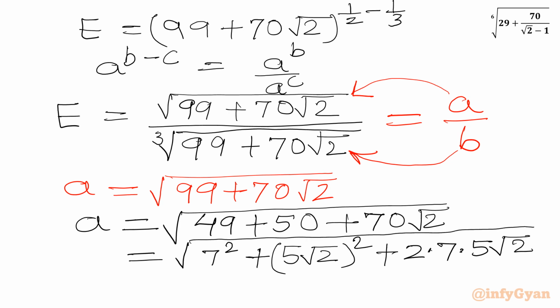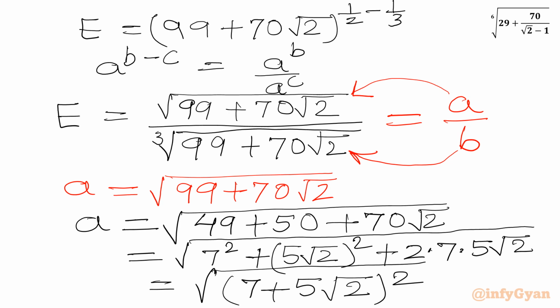So it is forming a square plus b square plus 2ab. So I can write this as a perfect square of 7 plus 5 root 2 in the radicand. Now we will cancel the square root with the square. So our A will come out as 7 plus 5 square root 2.